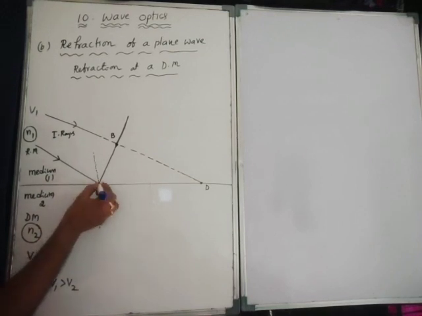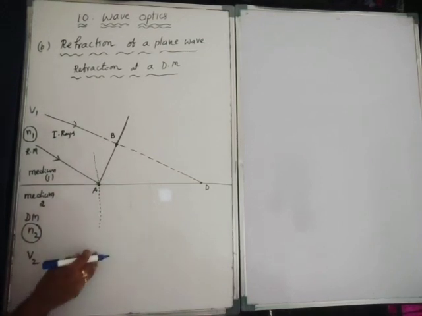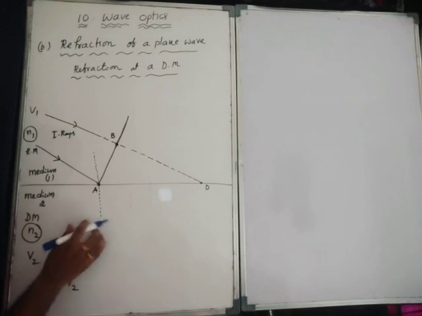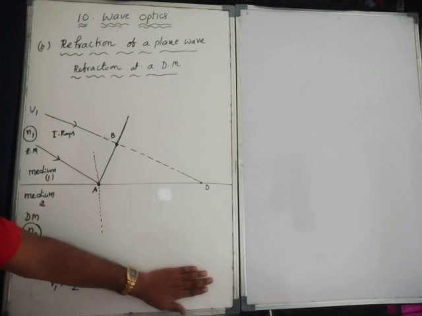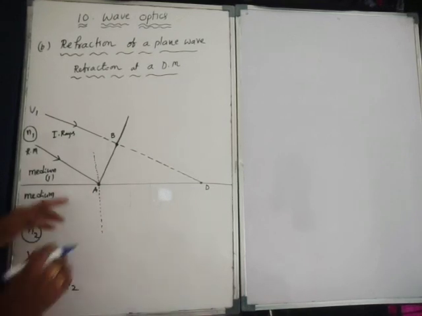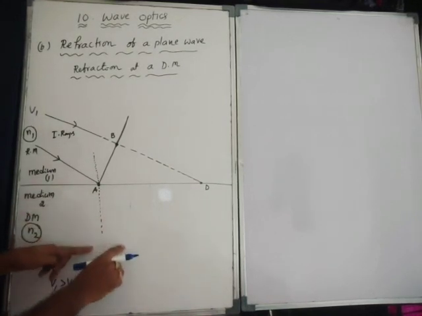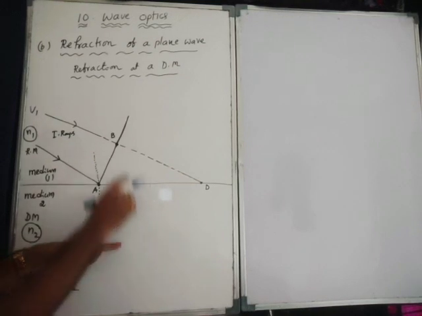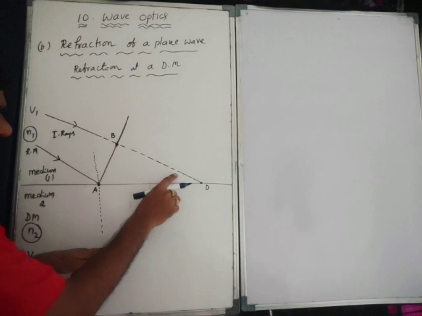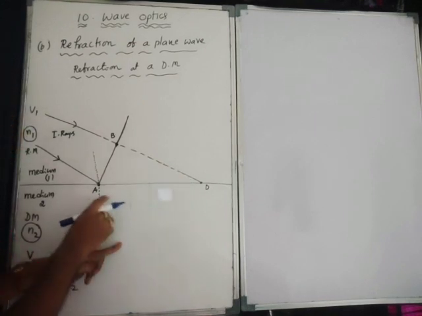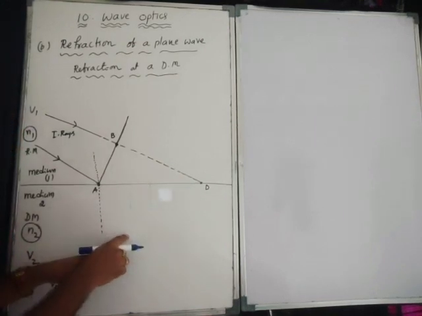So the refracted ray bends towards the normal. Why? Because the speed of light is less in the denser medium. Comparatively, the distance covered in the rarer medium is larger.